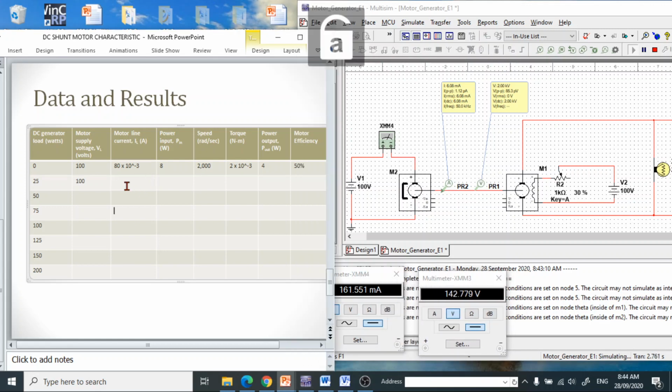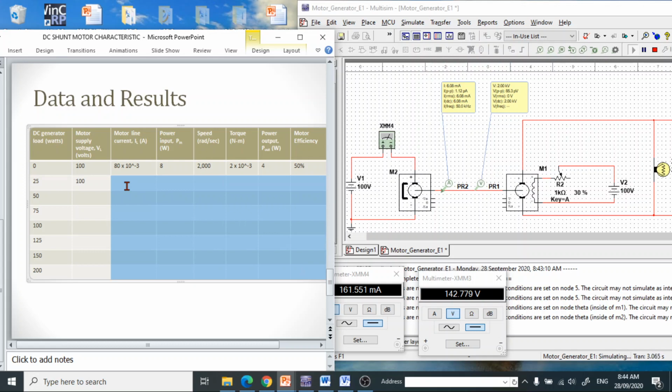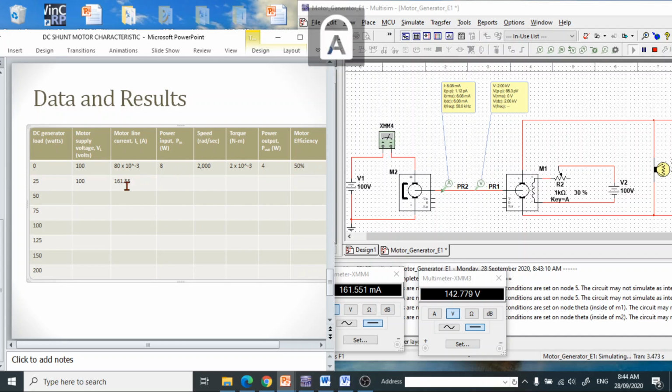So the input, that's 100 times 161.55, is 16.16. The speed remains the same, 2000.